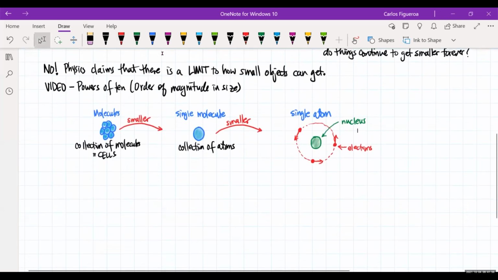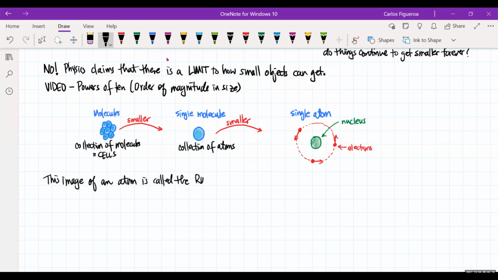So let's talk about this single atom. And what I would say here is that this image of an atom is called the Rutherford model of the atom.